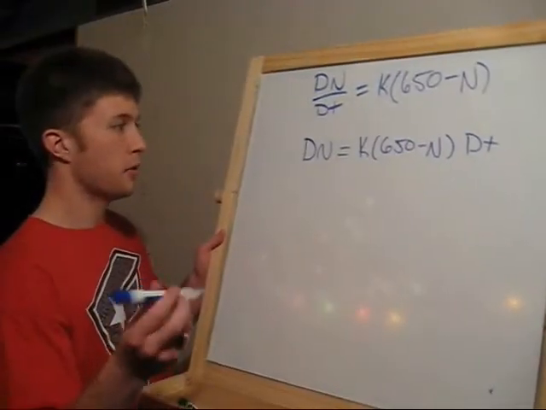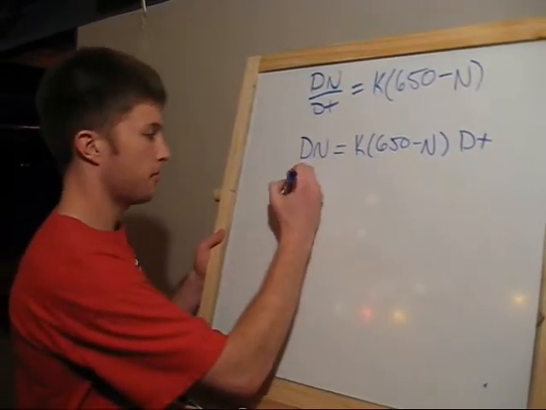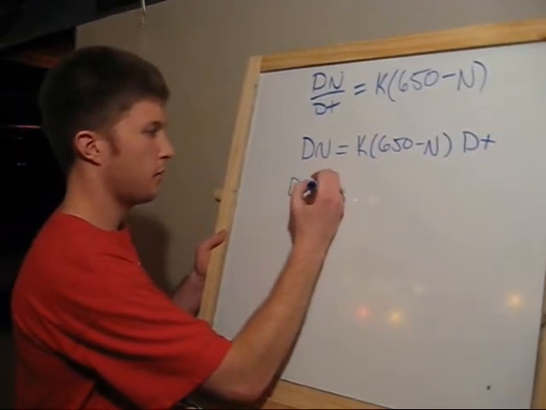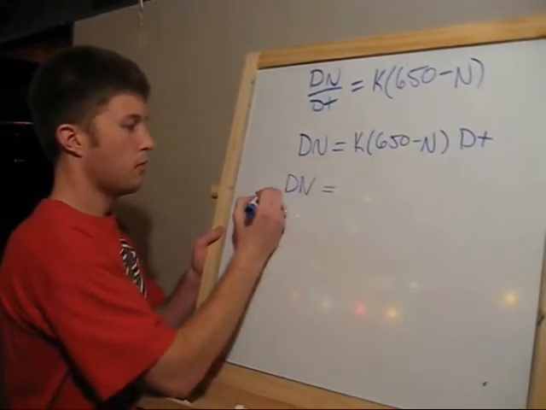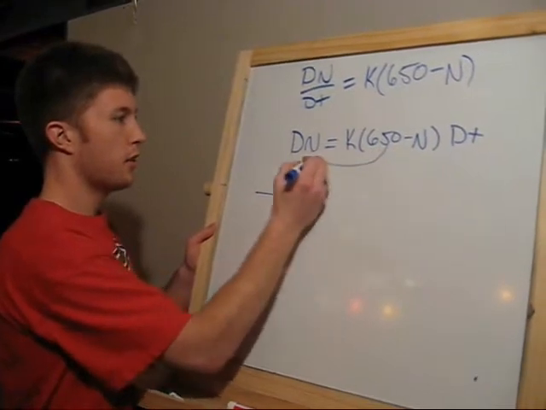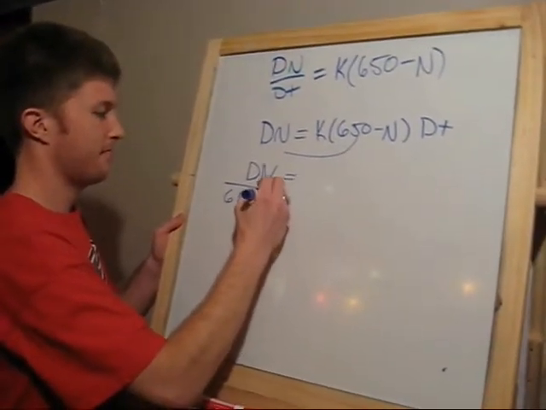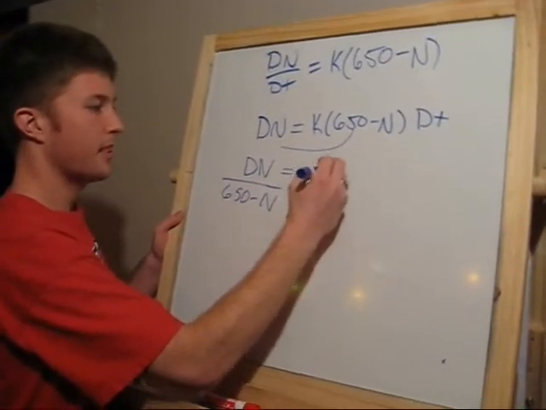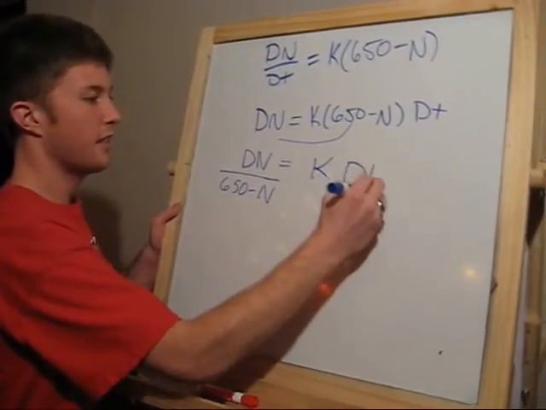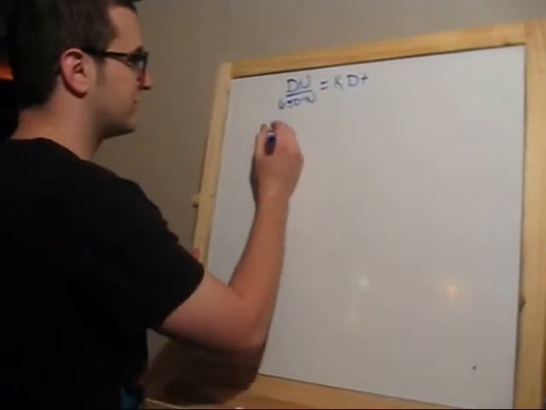Putting it in differential form, we're going to be separating the variables. This is coming under here, leaving k dt on the right side. So now we're going to start integrating.